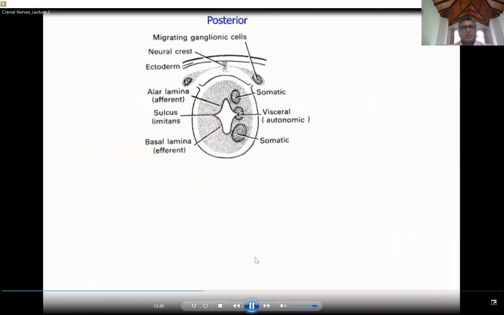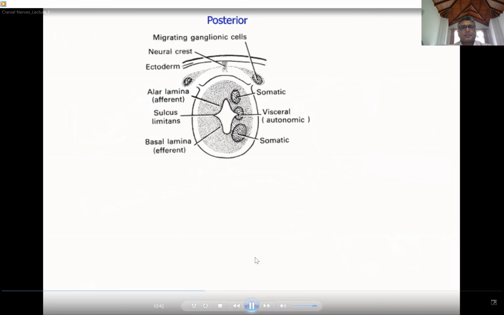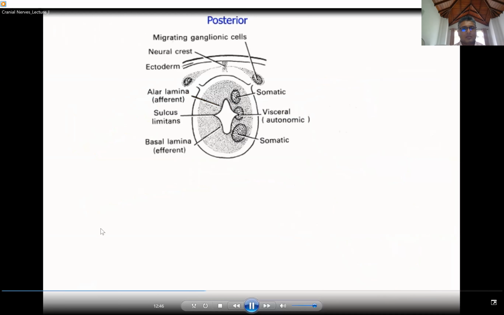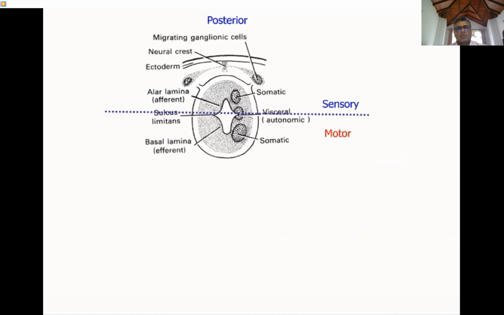This is an image of the neural tube before the brain and the spinal cord are formed. If we split the neural tube in the middle like this, the posterior half, the grey matter, will contain cell bodies of sensory neurons, and the grey matter of the anterior half will contain the cell bodies of motor neurons.